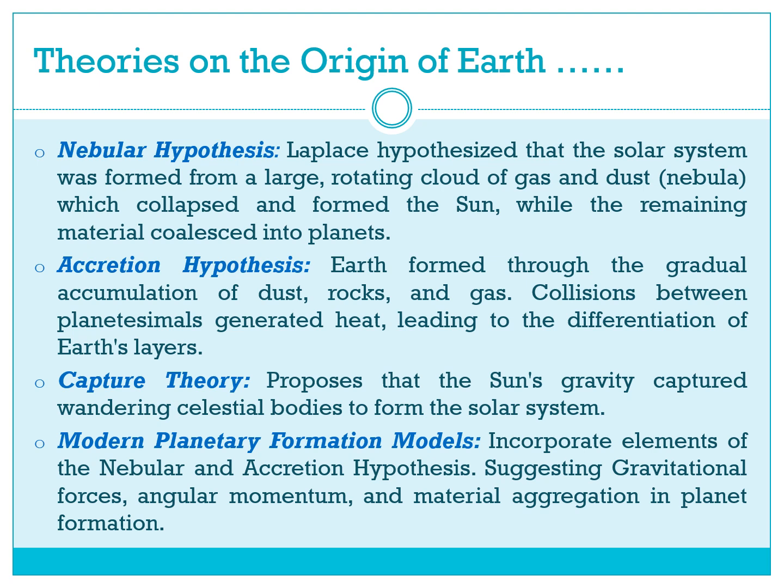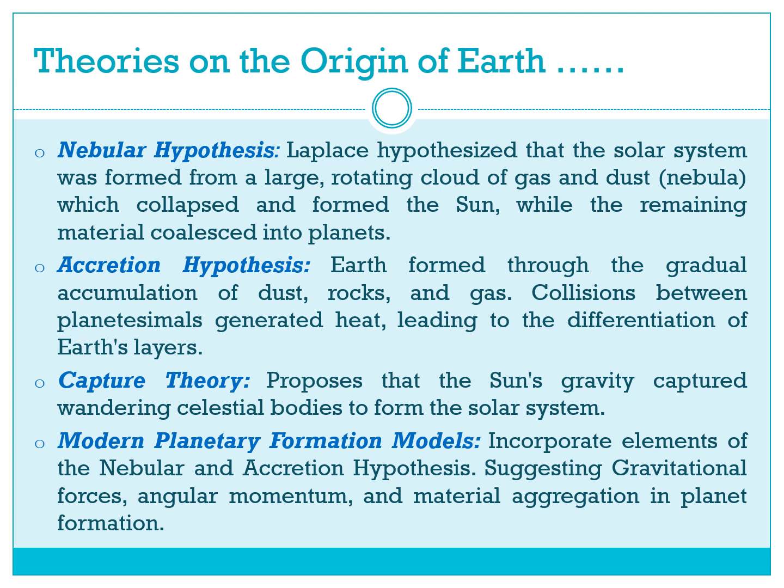Some of the most widely accepted theories are the nebular hypothesis. Immanuel Kant and Pierre-Simon Laplace hypothesized that the solar system was formed from a large rotating cloud of gas and dust, that is the nebula, which collapsed and formed the Sun, while the remaining material coalesced into planets.